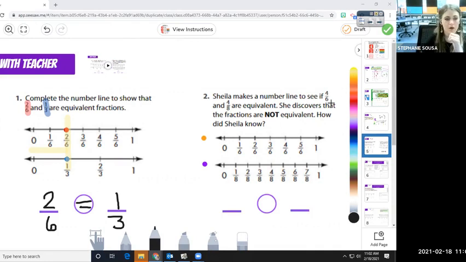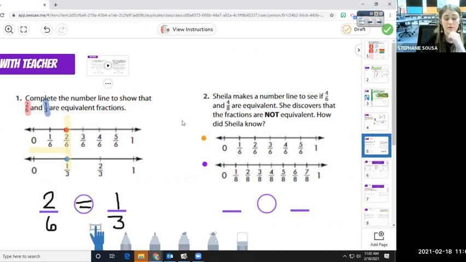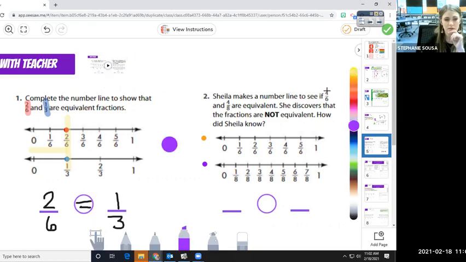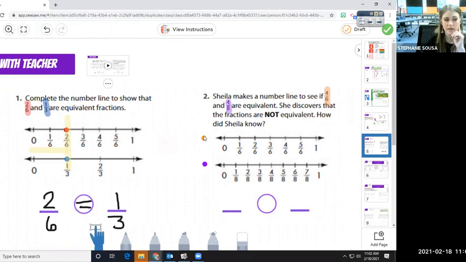Thank you. All right, slide 2, or I apologize, question 2. Question 2 says, Sheila makes a number line to see if 4 6 and 4 8s are equivalent. She discovers that these fractions are not equivalent. How does she know? Okay, so let's figure it out. Let's take our yellow dot and put it on 4 6.